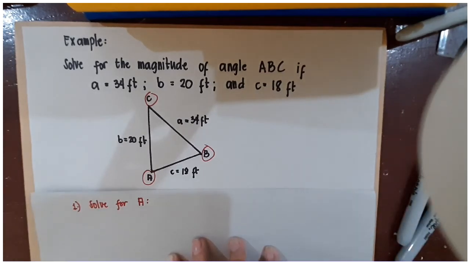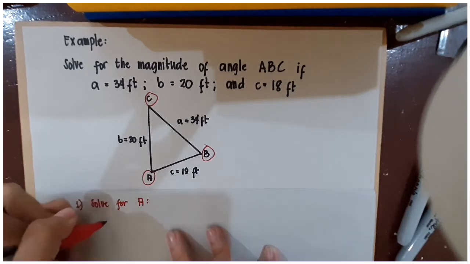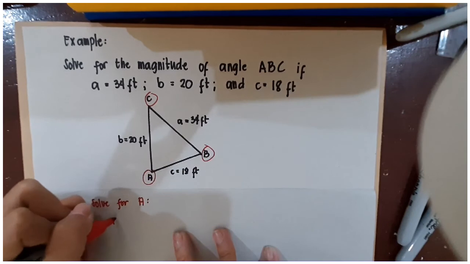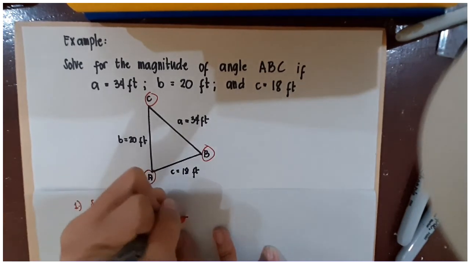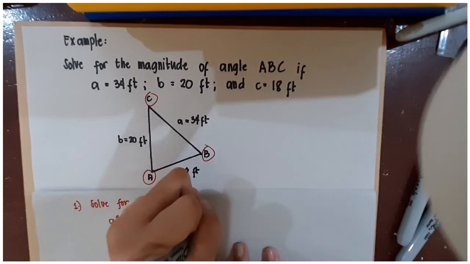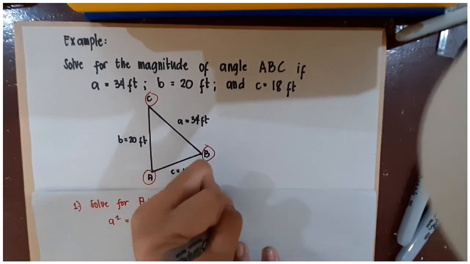We will use the first one because that is the one with cosine A, our big letter A. So, you will use A squared is equal to B squared plus C squared minus 2BC cosine A.